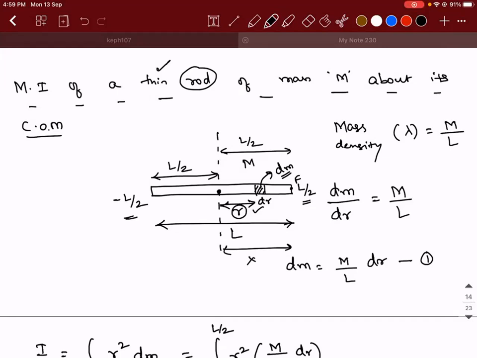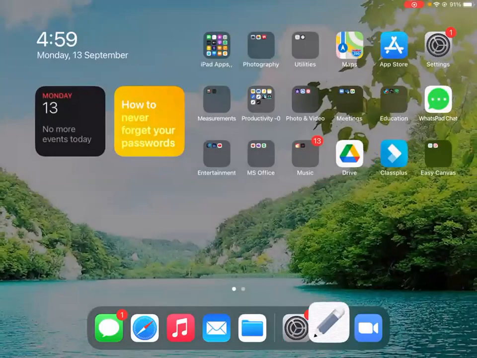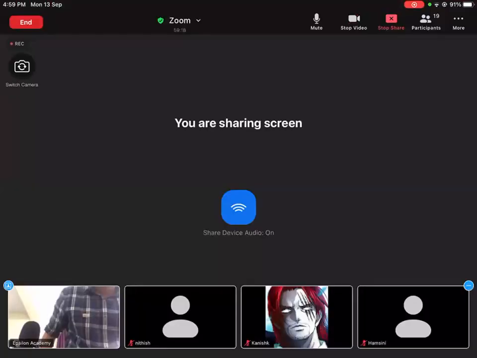Okay, let me make you experience it. I want you all to do this activity. You have a pen in your hand, right? Rotate it like this.